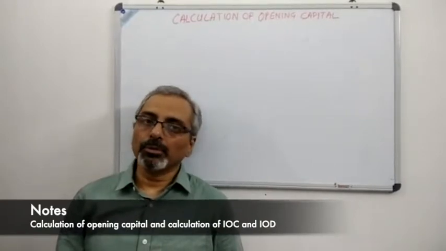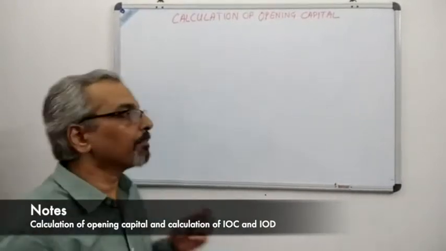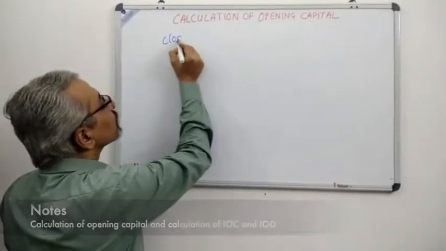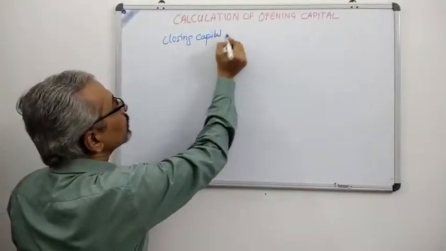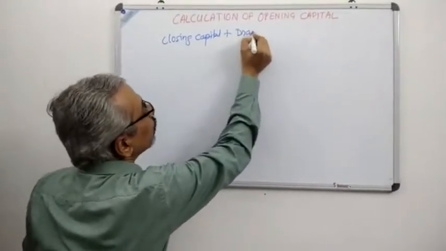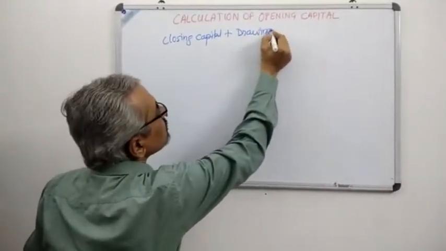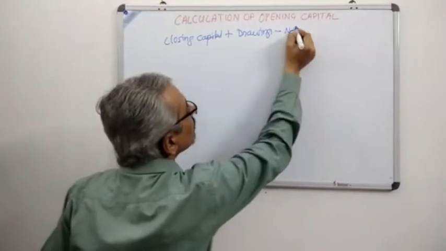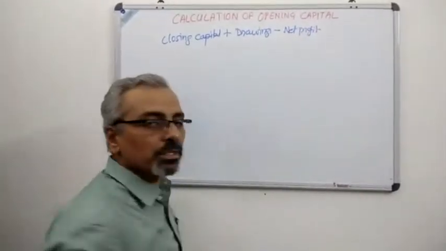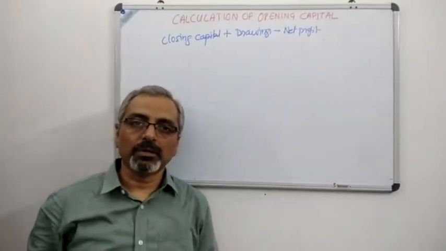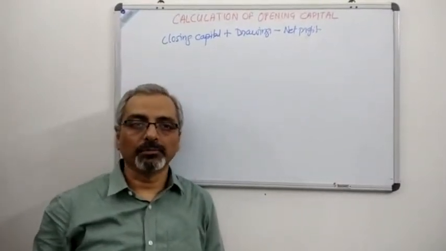You remember the formula. The formula was closing capital plus drawings minus net profit or the distributed profit. In this question, there are two partners. You can see Jenny and Judy.